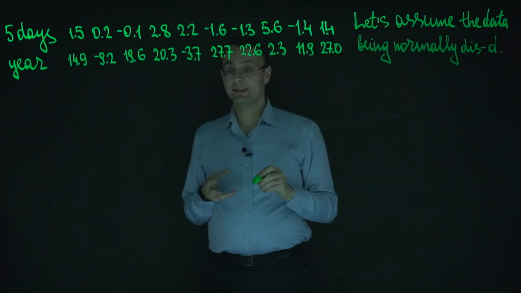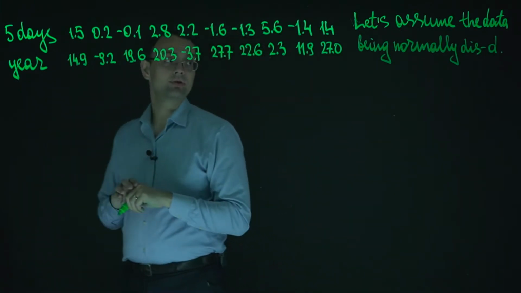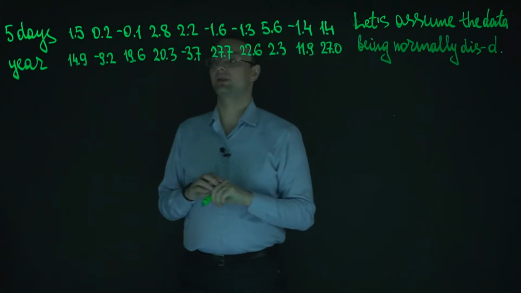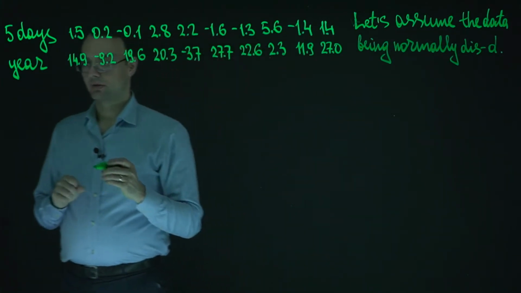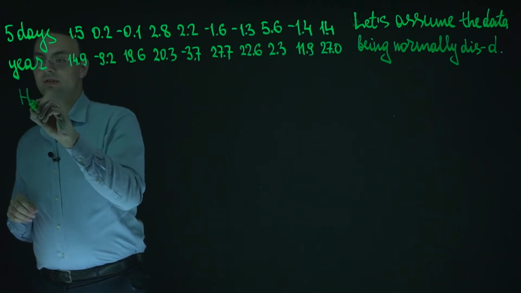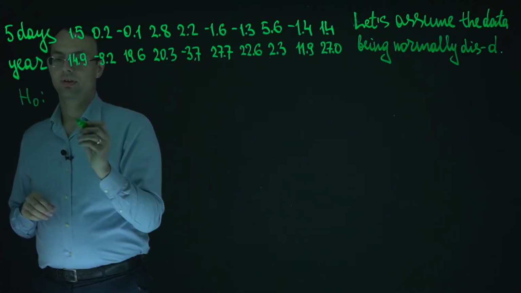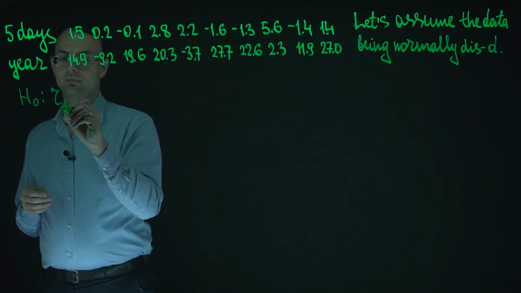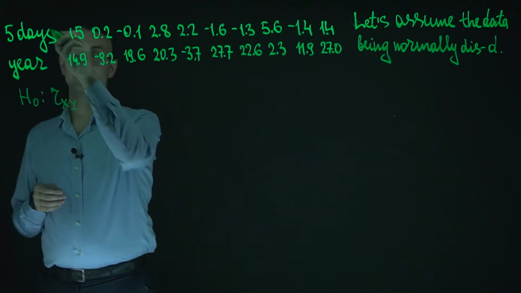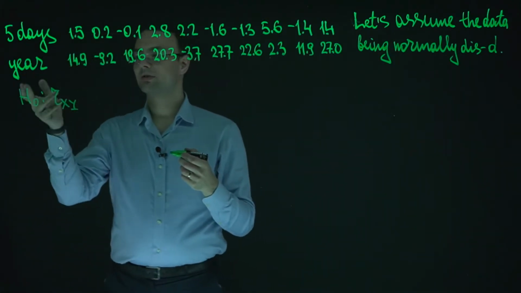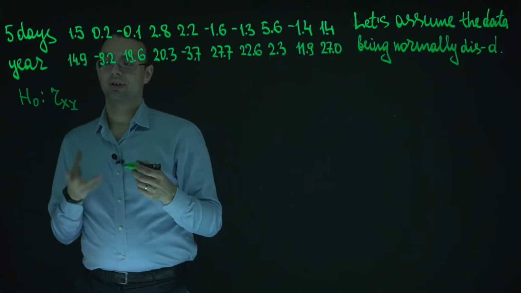In this case, we want to test a hypothesis of null correlation. We want to test a null hypothesis about the correlation between x and y, where x is the percentage change in the first 5 trading days, and y is the percentage change over the year.